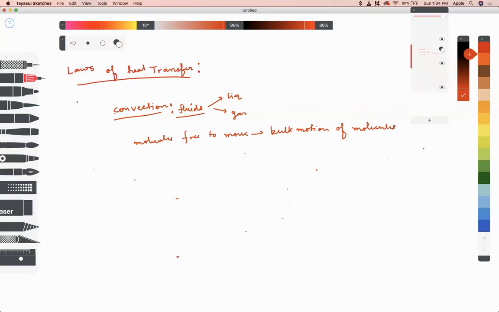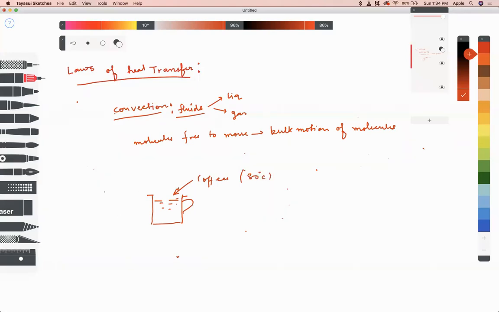Now you see, let's say we have a cup of coffee, and let's say the coffee temperature is around 80 degrees Celsius.